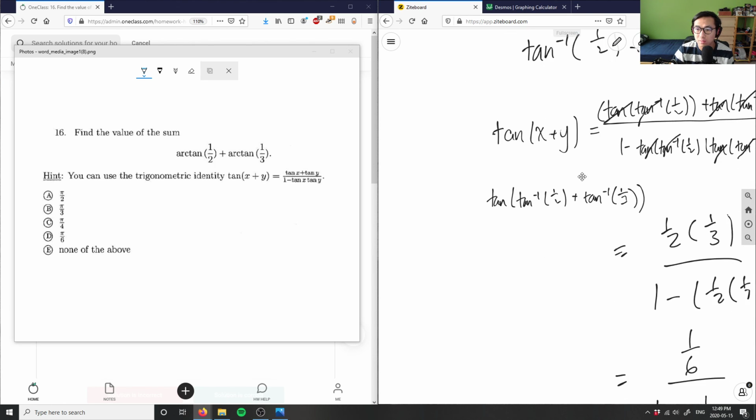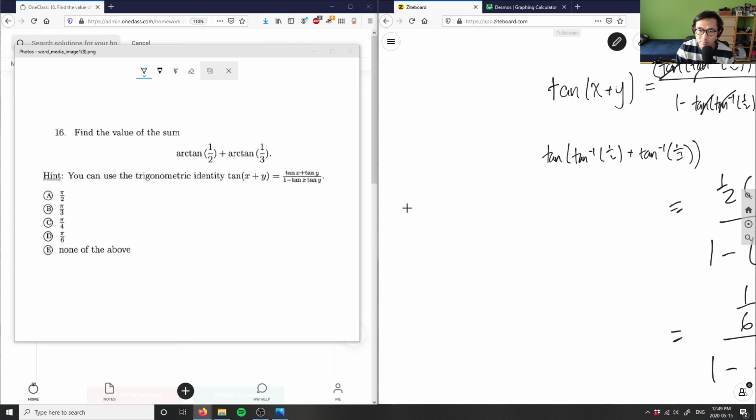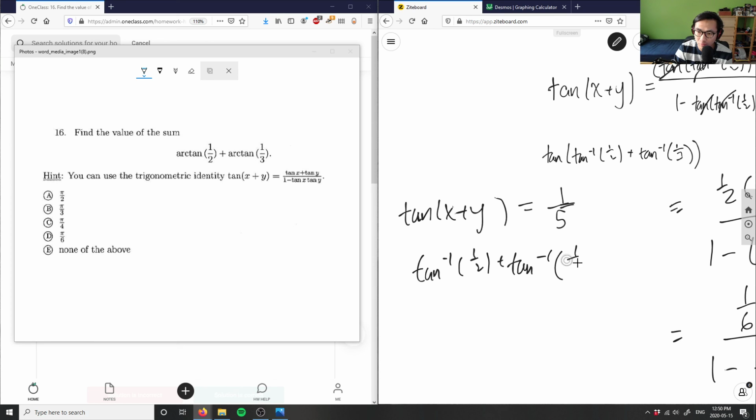So I can say that the tangent of x plus y equals 1 over 5. And I know that x here is, again, tan minus 1 of half plus tan negative 1 of 1/3 here.